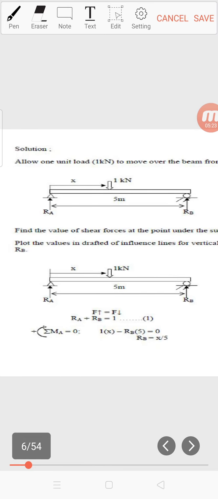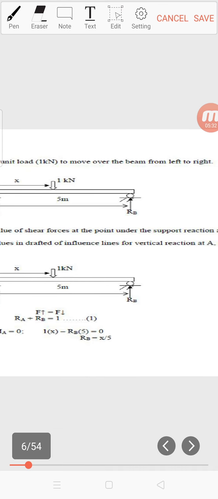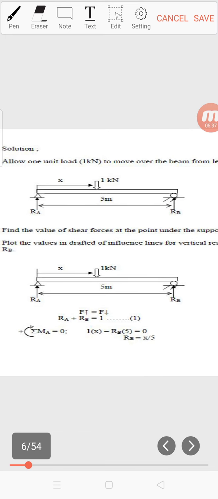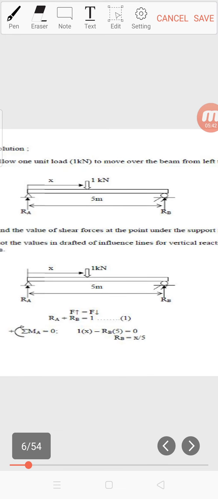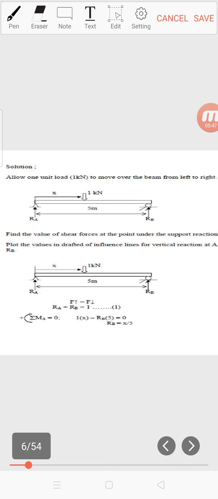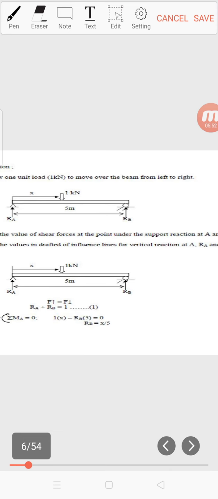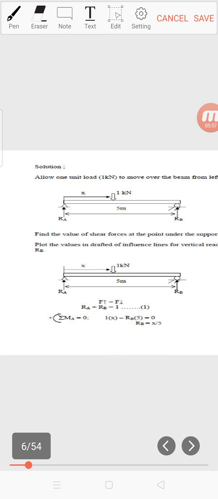Step 1, we assume 1 kilonewton moving from A to B. Allow 1 unit load, 1 kilonewton, to move over the beam from left to right. Find the value of shear force at the point under the support reaction at A and B, and then plot the values in graph of influence line for vertical reaction at A, RA, and B, RB.